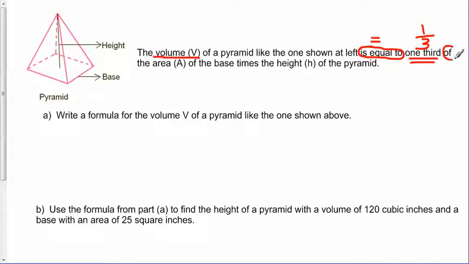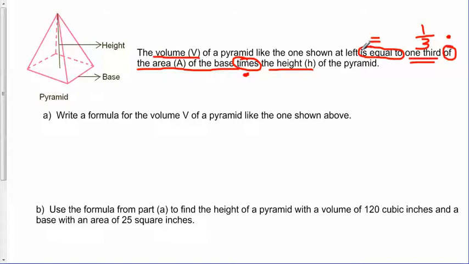Now, this is a word we have to be a little careful of here: 1/3 of. Whenever we see a fraction of a value, and this would also be true for a percent of a value, that word "of" is always going to mean multiply. So it's going to be 1/3 of the area of the base times, here's another multiply word, times the height of the pyramid.